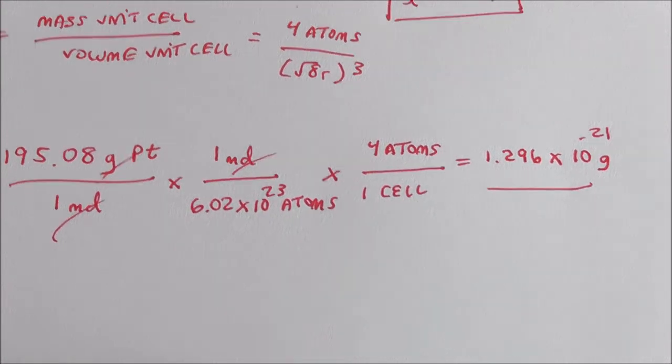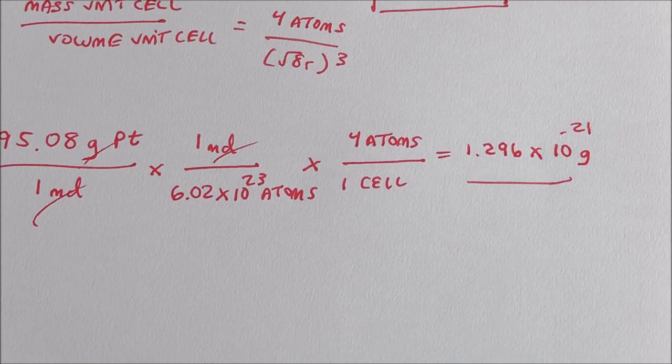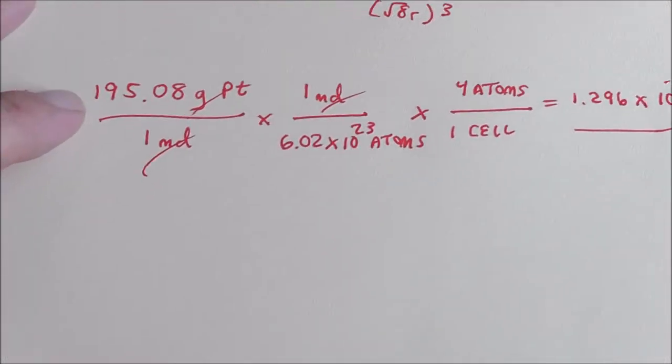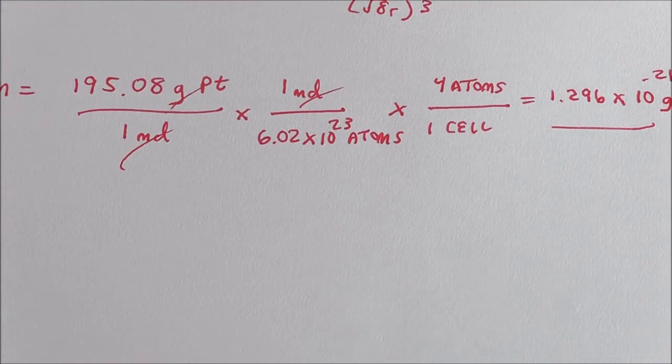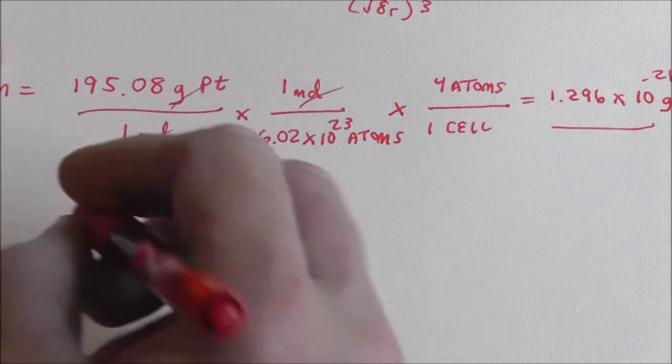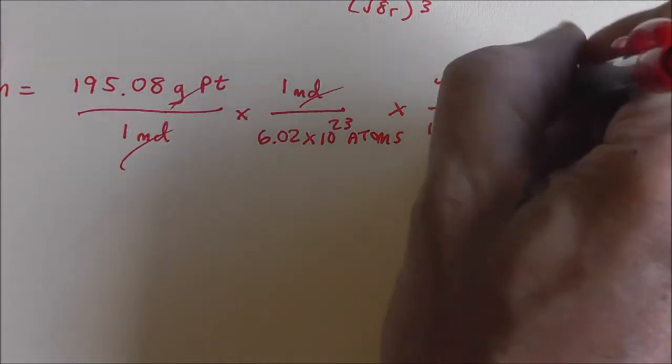All right, folks. Now, here's the thing. r is given to us in angstroms. I like to convert everything to centimeters first, and then cube that. Of course, we're going to have to cube square root of 8 times the radius, but let's get the radius into centimeters first. So this will not be V yet, let's keep this on the back burner.